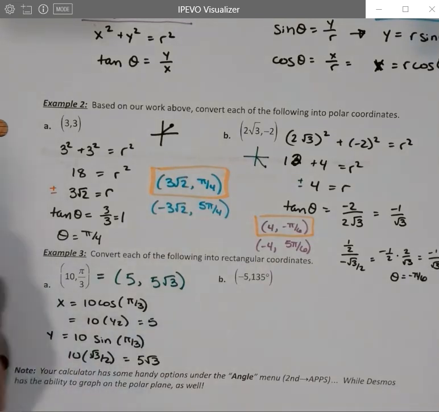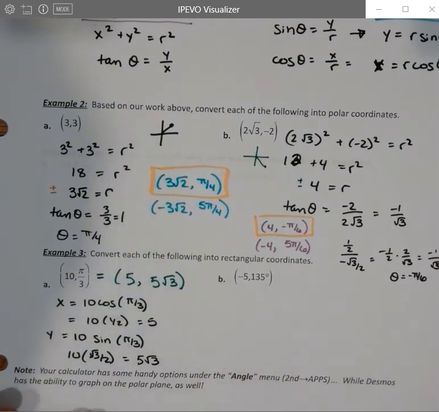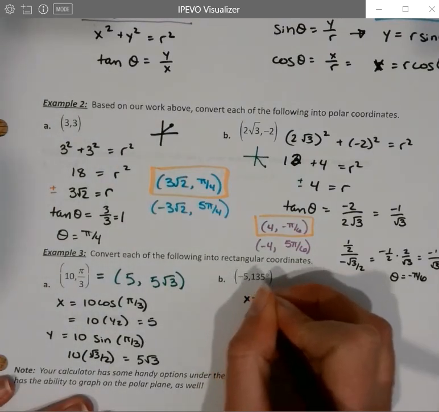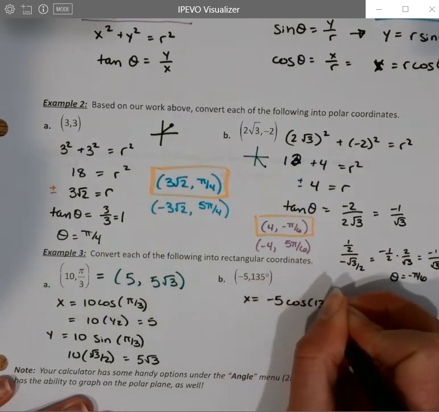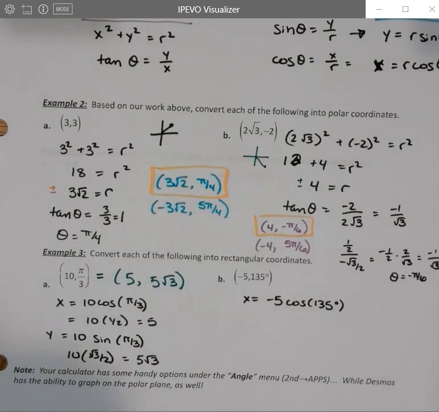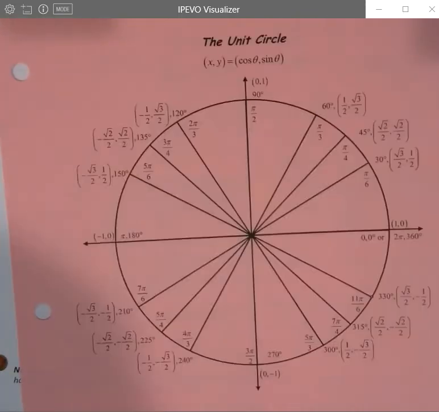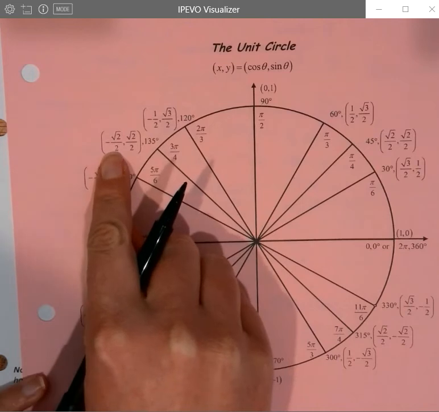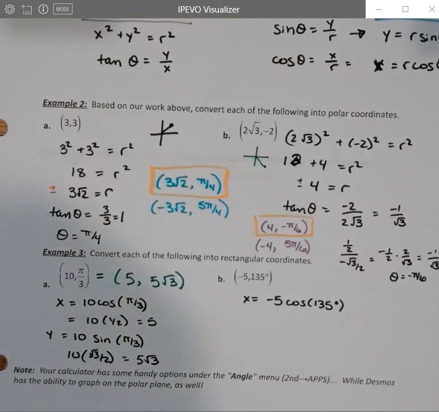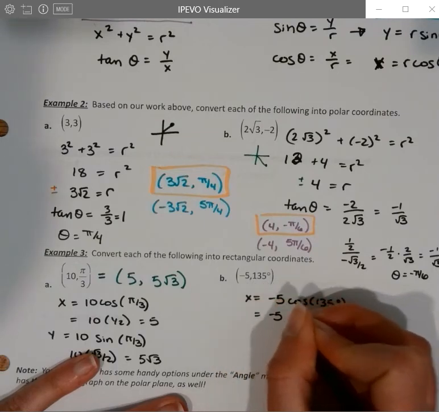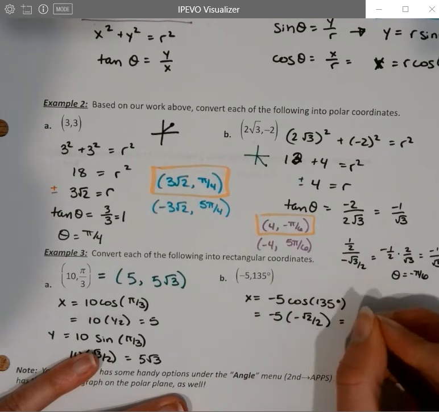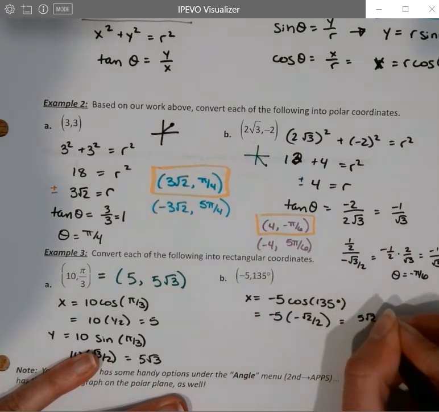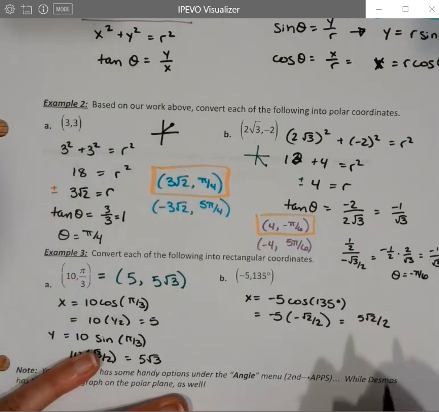All right, and then this last one was in degrees, similar. If I start off with x equals r, so -5 times the cosine of 135 degrees. 135 degrees is on the unit circle, so we can find that, and it gives us a negative square root of 2 over 2 for its cosine and a positive square root of 2 over 2 for its sine. So this is -5 times negative square root of 2 over 2, which is 5 square root of 2 over 2 for the x coordinate.